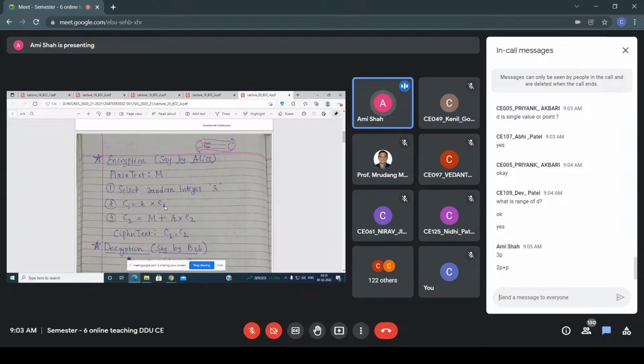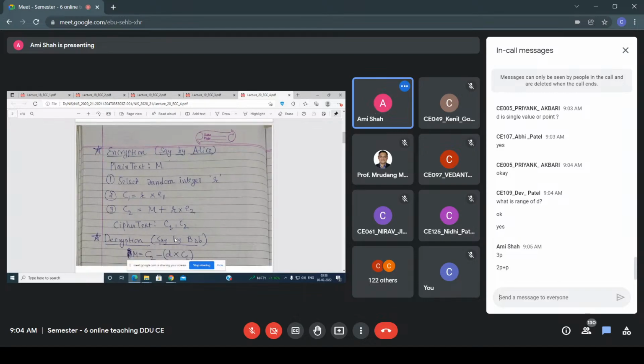So you have to create a generalized function for addition which covers all three cases. Clear, everyone? Similarly here, M is a point plus R multiplied with a point, where R means any integer. In this way C1 and C2, the two ciphertexts, are created.